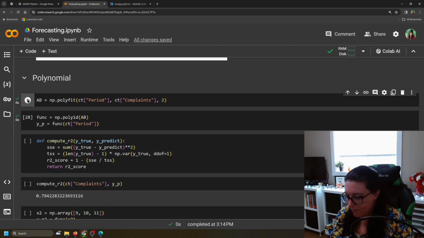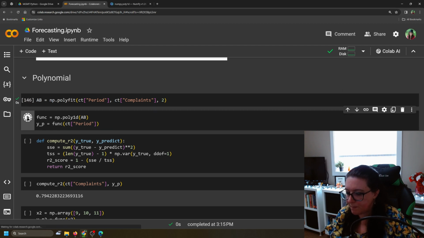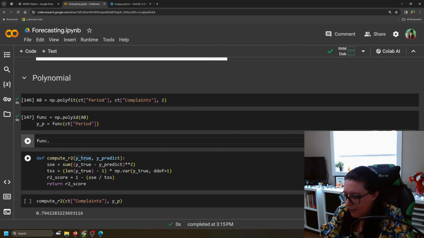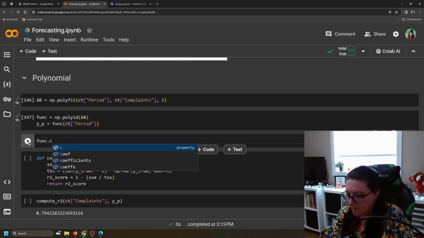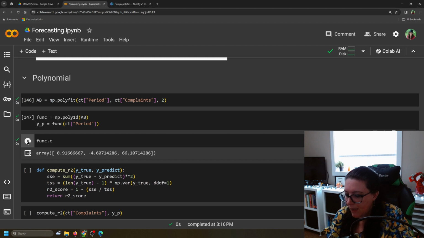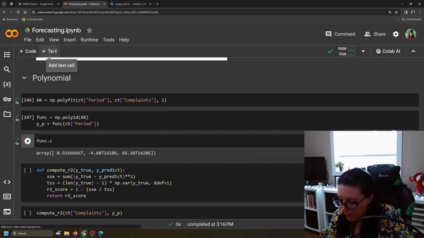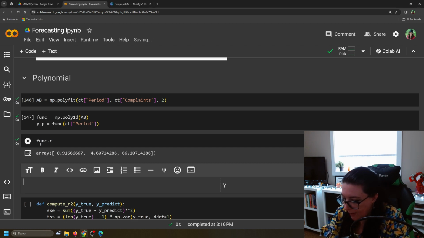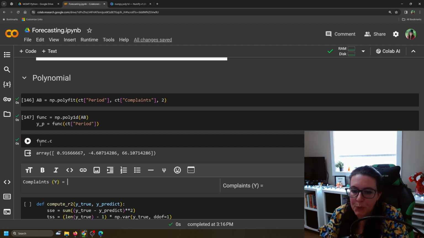So we've ran this one, run this one. We can actually add a line of code here. We can say, okay, func, give me c. And what this gives me is the coefficient. So if I wanted to write the formula for this, so my y, which is my complaints, is equal to, and then it does it in reverse order.